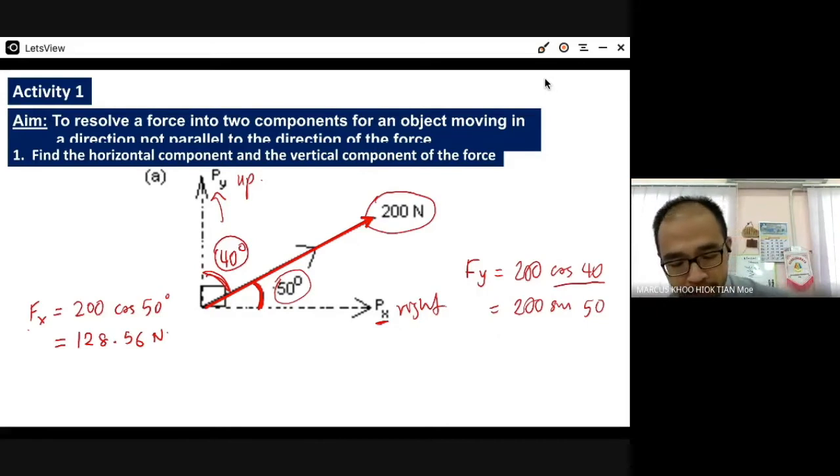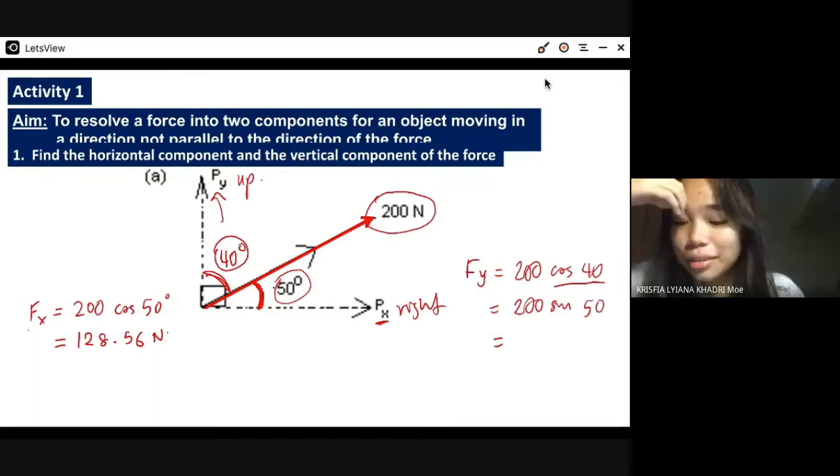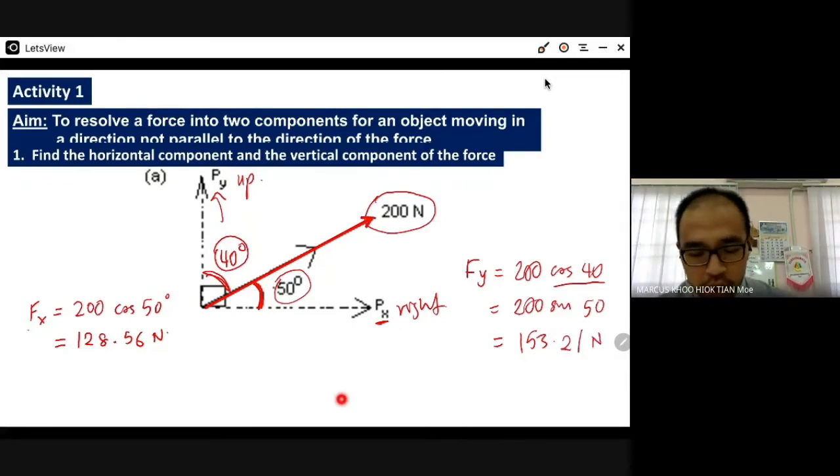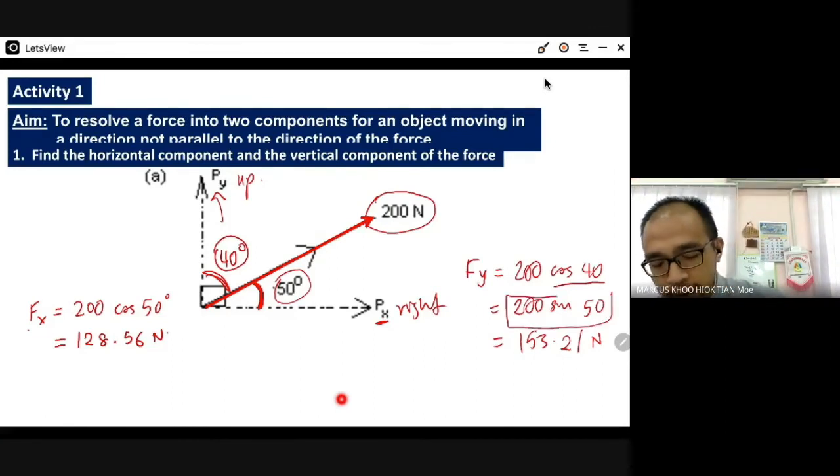What is your final answer, Miss Genius? 153.21. Unit? Newton. So for those of you who are expecting the answer 200 sin 50, you're not wrong.